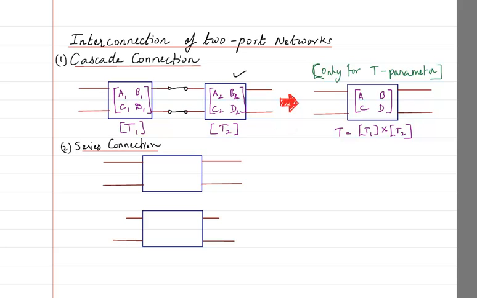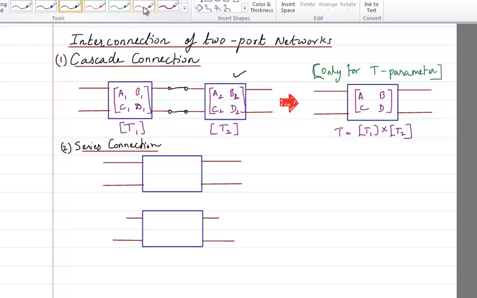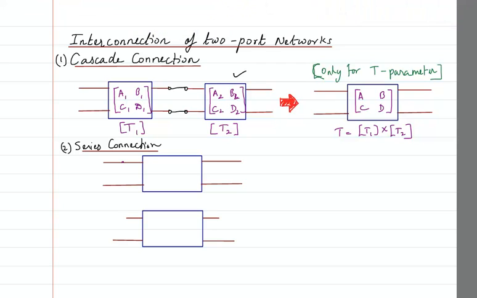Why do we call it series connection, that you have to understand. Suppose I connect the first one with the second one, the bottom part with the bottom part, and similarly this with this, and here between these two. This is how I am connecting two ports.